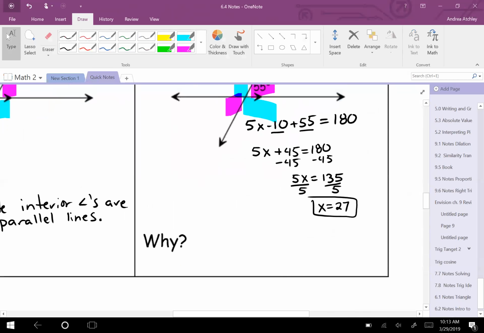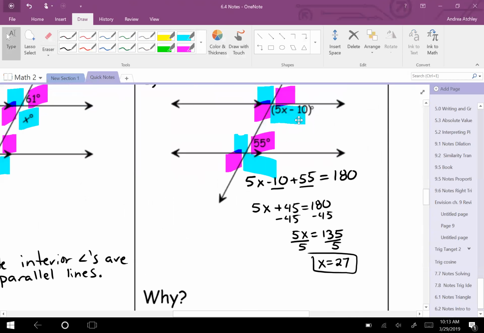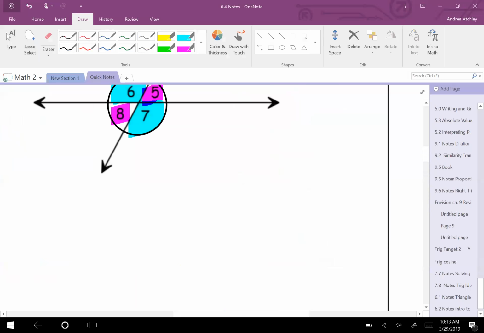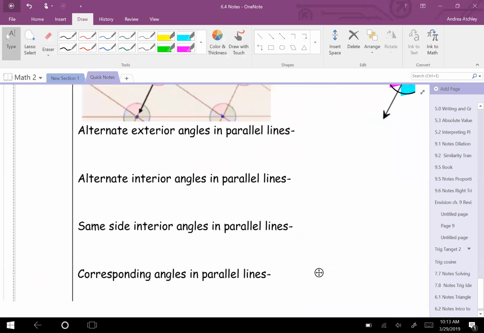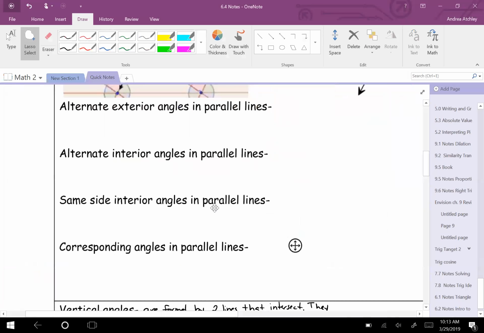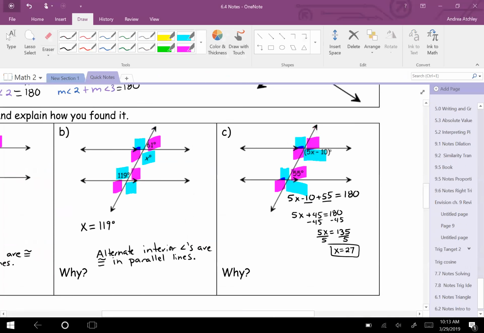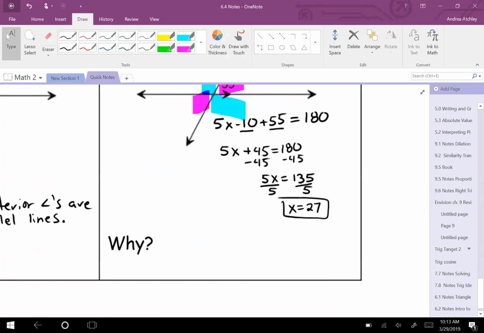Now we need to know our reason why. So again, we look back at the angles. Are they alternate? Are they on opposite sides of the transversal? No. Okay, so then our options are same side interior or corresponding angles. So are they the same side and inside? Both inside? Yes. Okay, so these are same side interior angles.